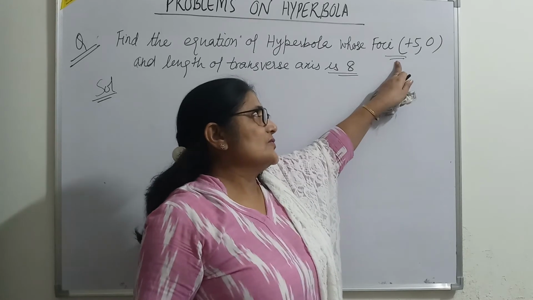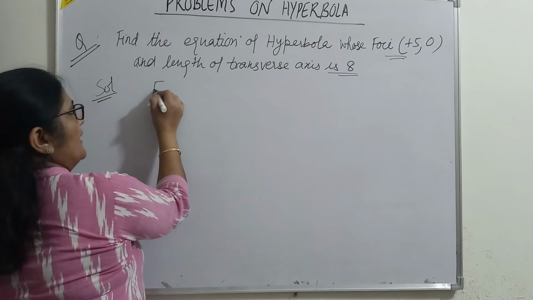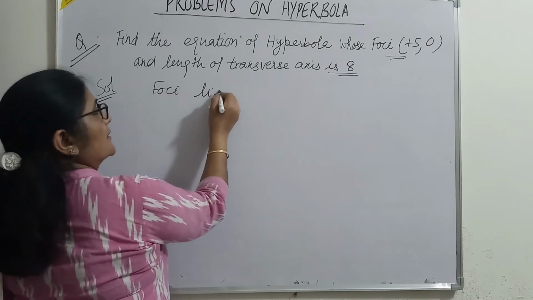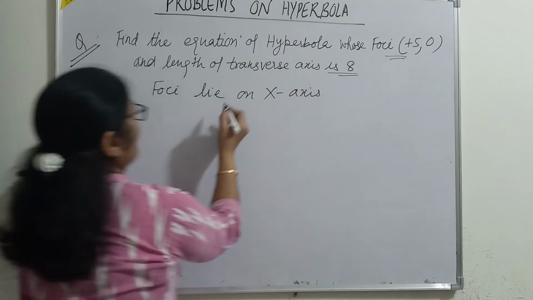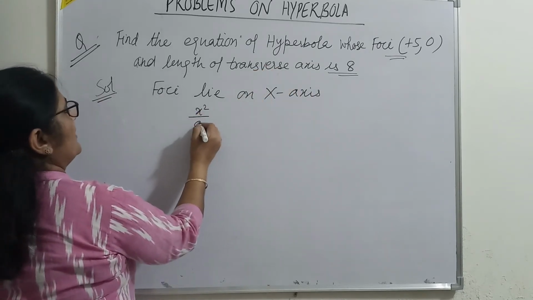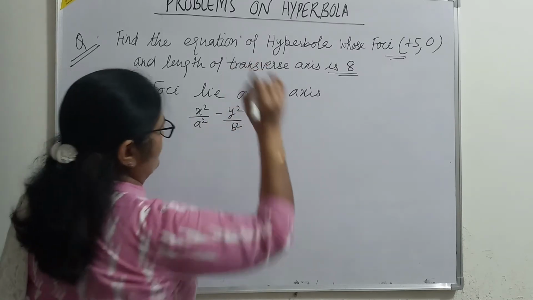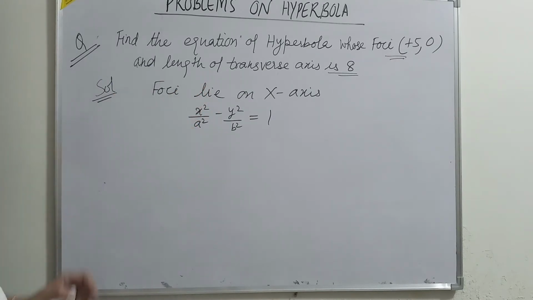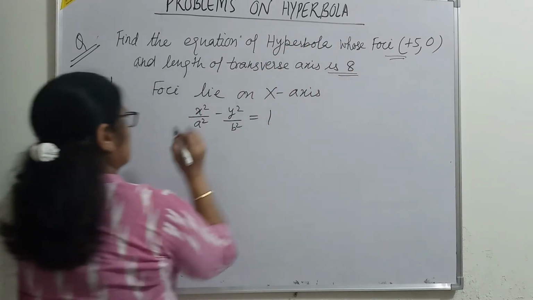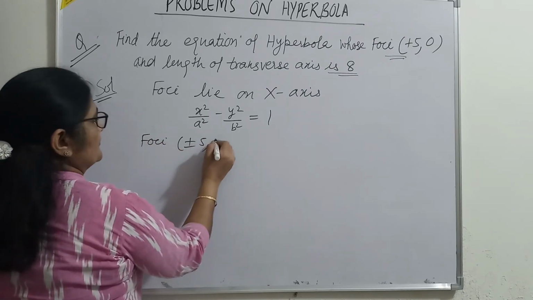Now as you see, foci are ±5, 0. That means the foci lie on the x-axis. So what will be the form of the hyperbola? x²/a² − y²/b² = 1, because we have found that the foci lie on the x-axis. The foci are ±5, 0.